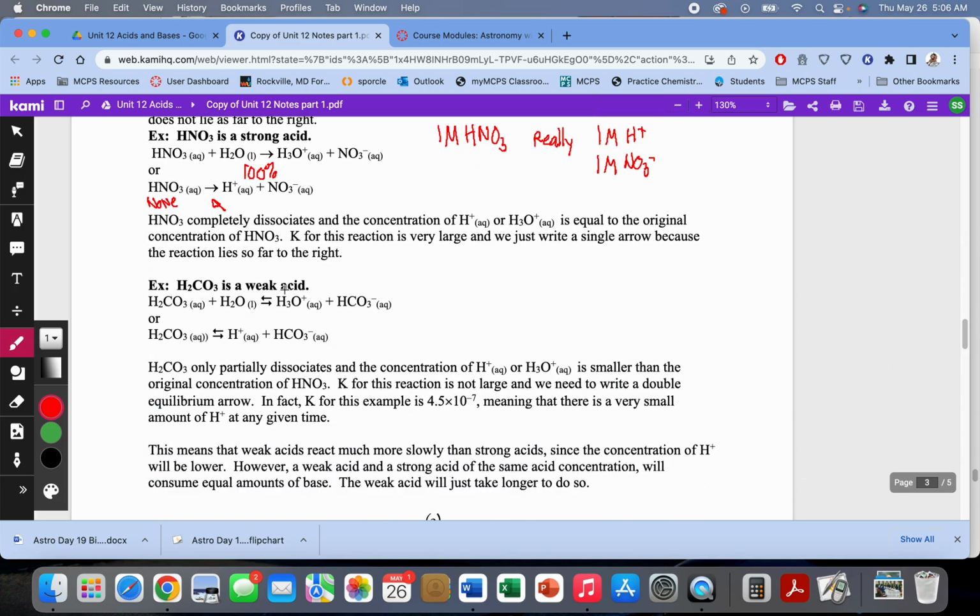However, if I have a weak acid, then I draw these equilibrium arrows, and that's because weak acids have K values, right, that are much smaller, right? And so the K value for carbonic acid is something on the order of 10 to the negative 8th or something like this. I can't remember what it is, but I could look it up pretty quickly. Let's actually do that.